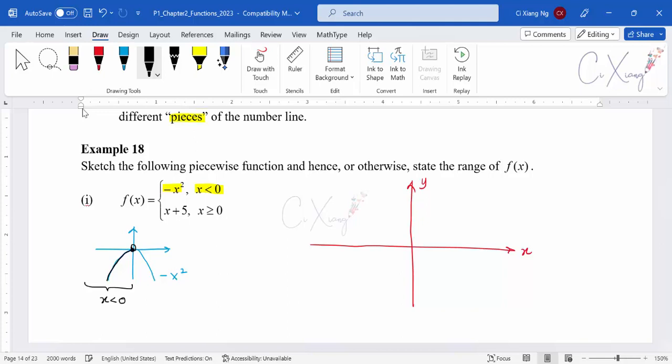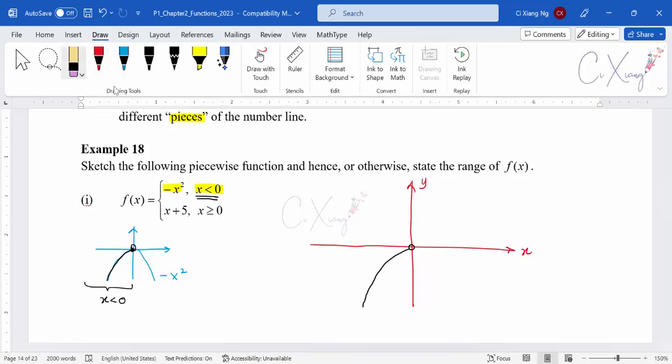In my real graph, I will draw a white circle here because there's no equal sign, x smaller than 0 without the equal sign. Therefore, I draw a white circle here and only consider the n shape for the left hand side. So this is my negative x squared for x smaller than 0.